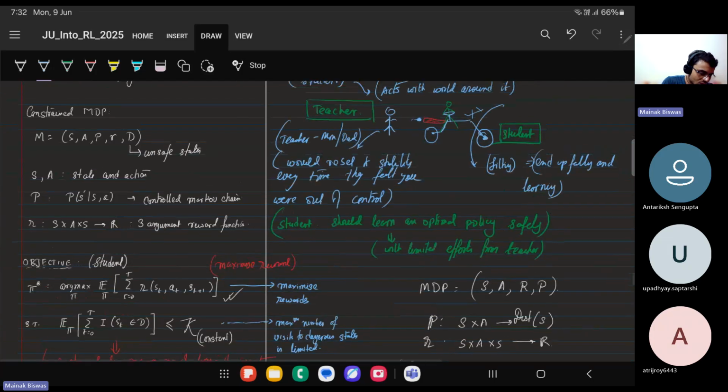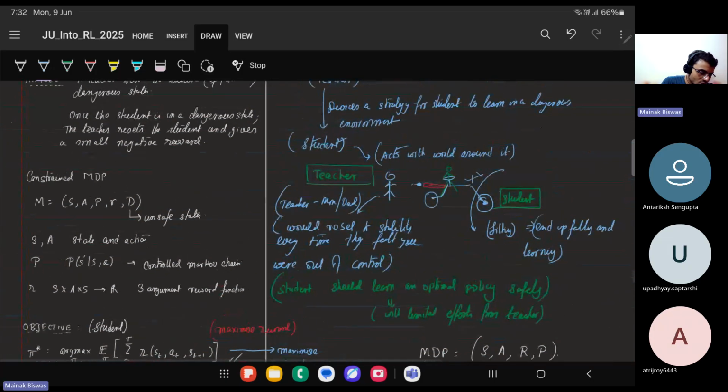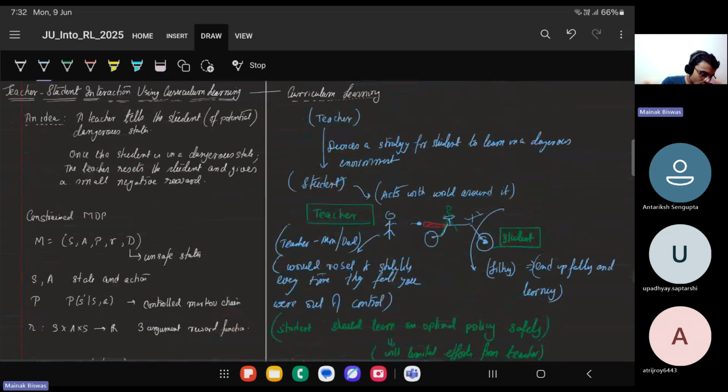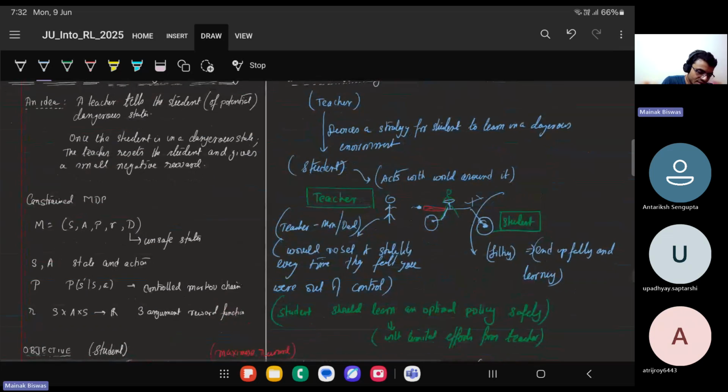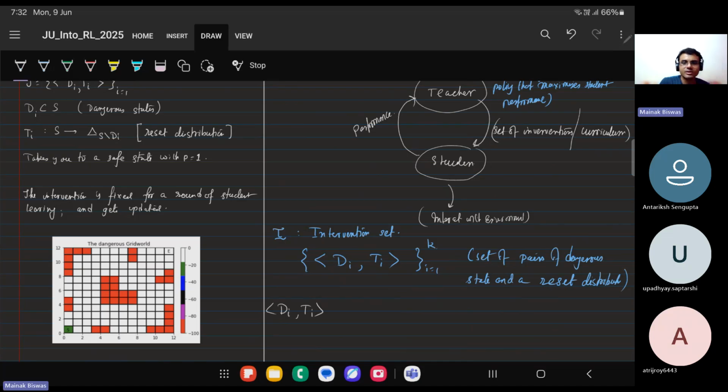So what did I call this? The teacher would reset distribution. So let us try to understand what it is. So D_I and T_I, fine.